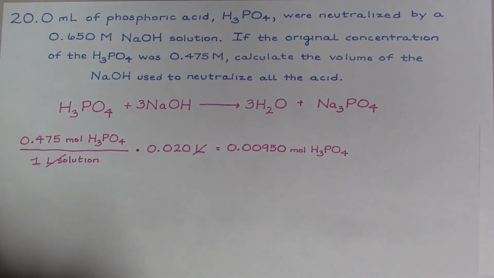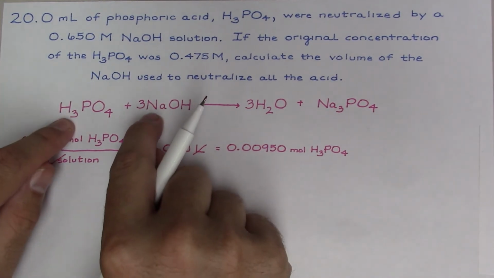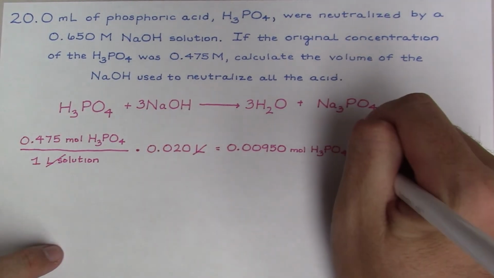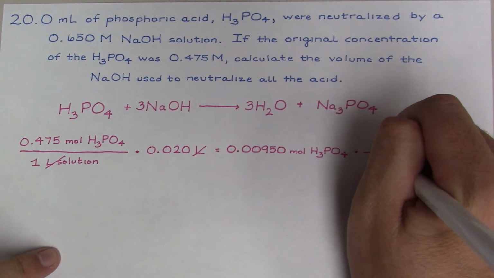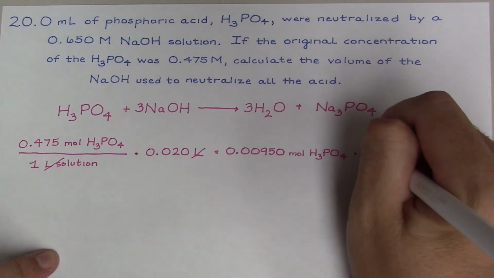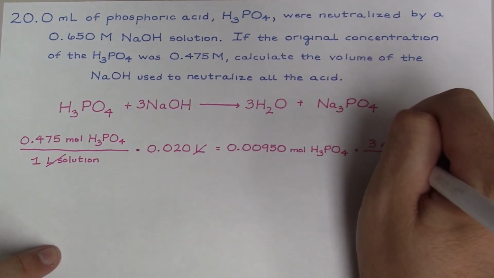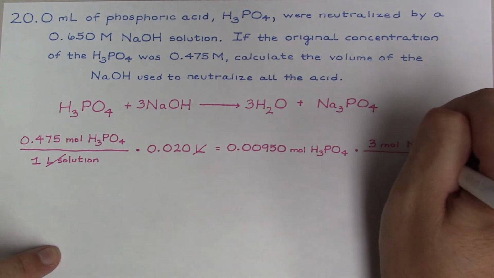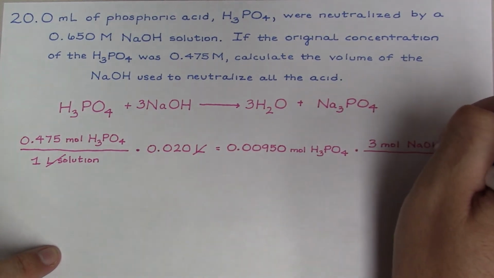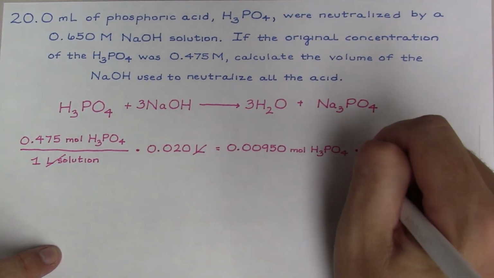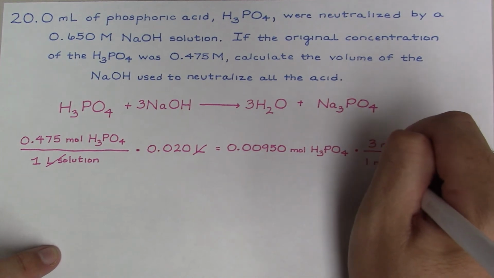Now we need to go to our base. This can be done using the balanced chemical equation and our stoichiometric coefficients. So because we want to go to our sodium hydroxide, we get 3 moles of our sodium hydroxide for every 1 H3PO4.